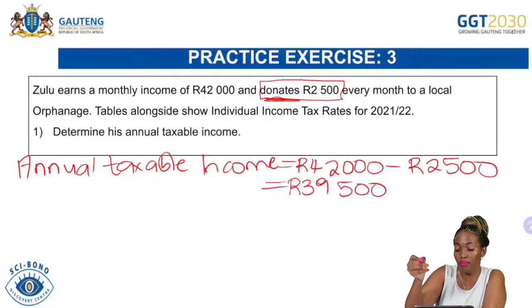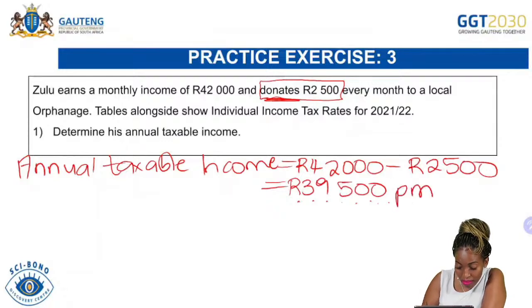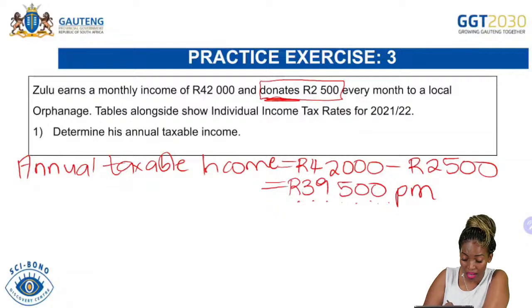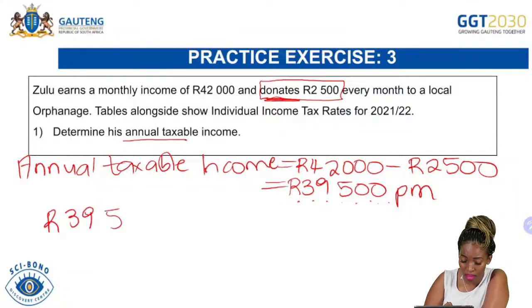So if we tax him, this is the money that we are going to tax him on. But we've got a problem here. Our problem is that this amount is per month, and we know that when it comes to tax, everything must be in annual format, because they want the annual taxable income.